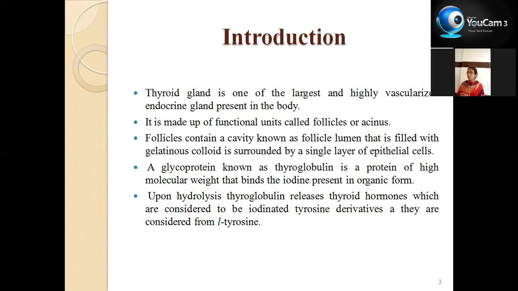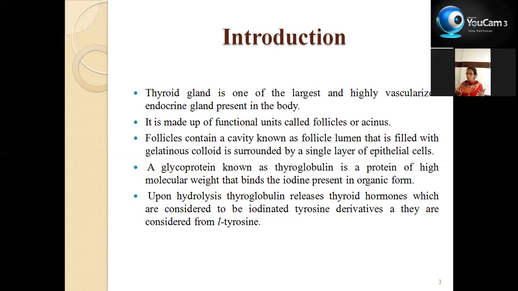And the glycoprotein is known as thyroglobulin, and it has a high molecular weight. It is a protein with high molecular weight that binds to iodine present in the organic form.